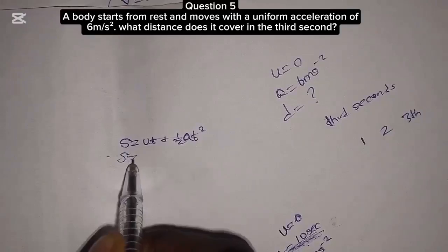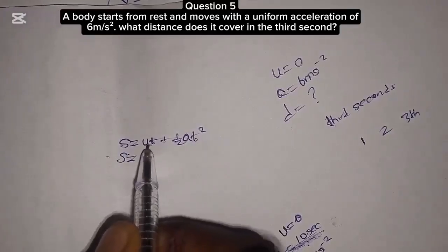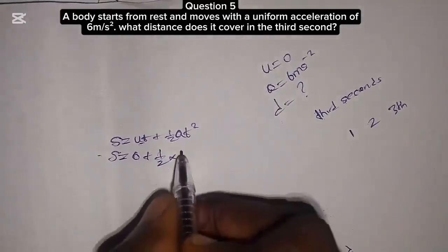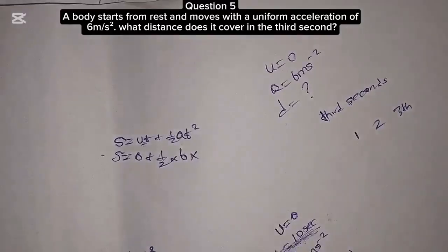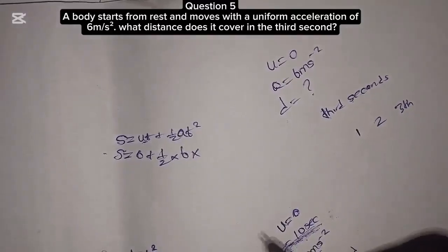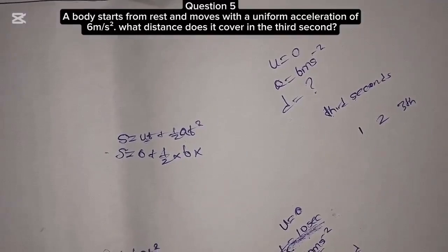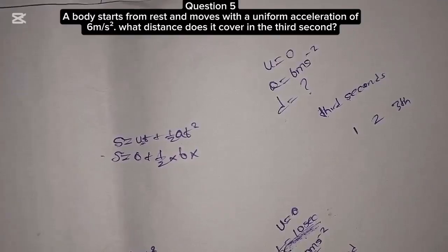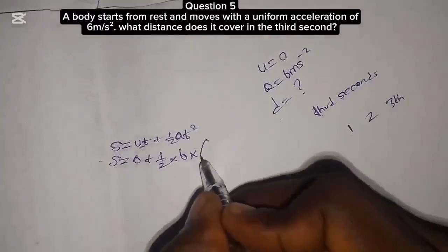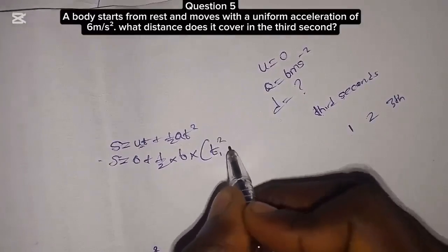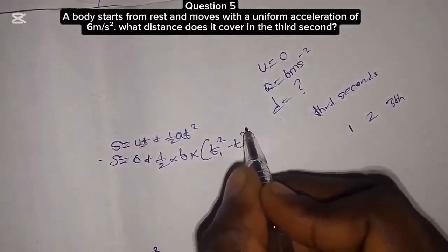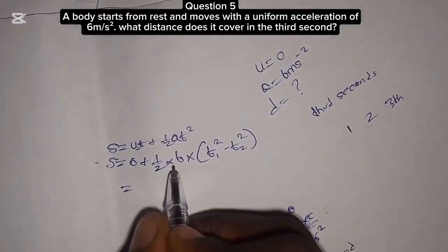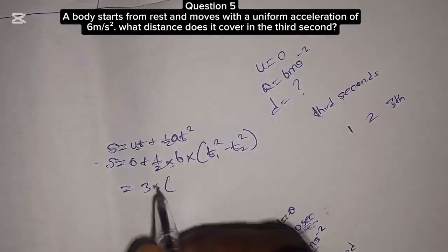S equals, U is 0, so 0 times t gives 0, plus half times the a, which is 6, times the time. Whenever you come across questions that say look for the distance in the 10th, 8th, or 9th second, always make the time T1 square minus T2 square, bracket close. So it equals half times 6, which gives 3, times bracket open.